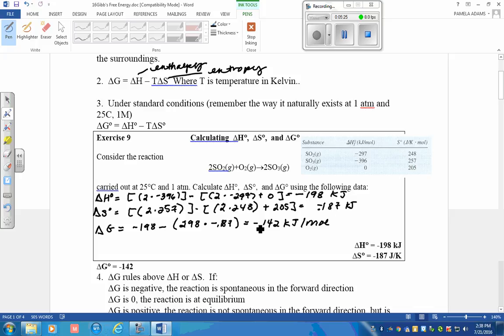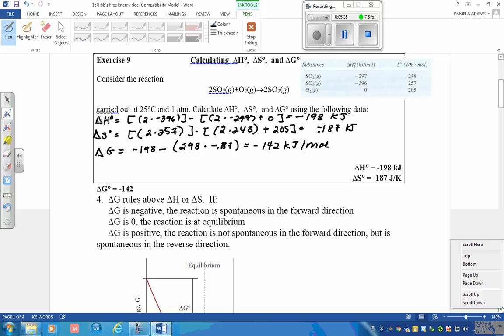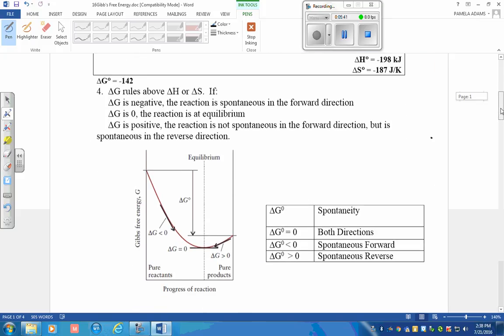That means under these conditions, this reaction will occur spontaneously without any outside help. So delta G rules above delta S or delta H.